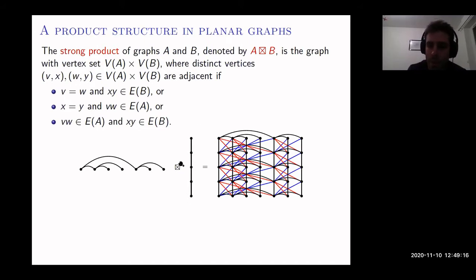And in all my talk, the vertical graph will be a path, which means that all edges will be either inside rows or between consecutive rows.